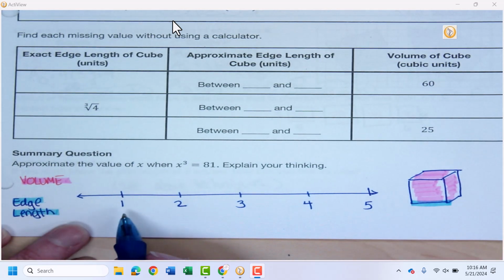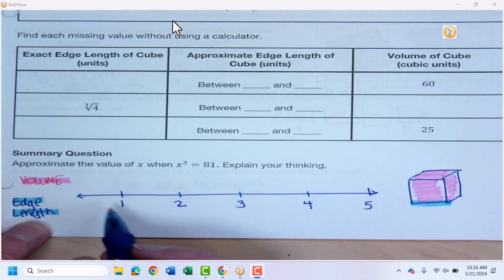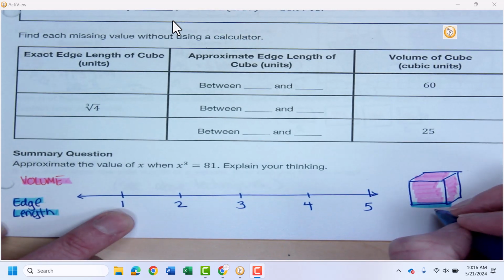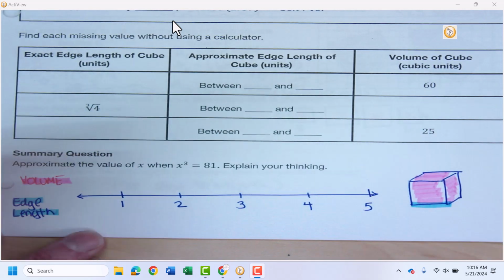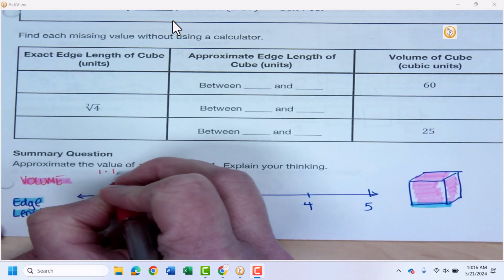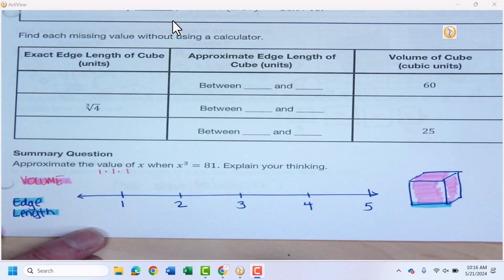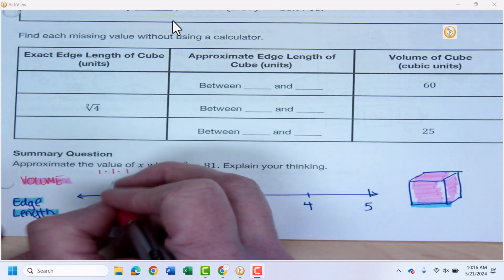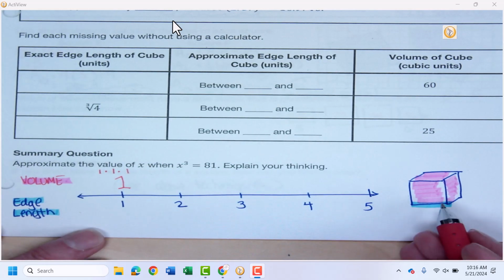So for example, if I have a number line where 1, 2, 3, 4, and 5 represent possible lengths for the edge of a cube like this, and this length was just 1, the volume of a cube with an edge length of 1 would be just 1 times 1 times 1 again. So I'm multiplying 1 by itself 3 times. So the volume of that cube is 1 cubic unit.